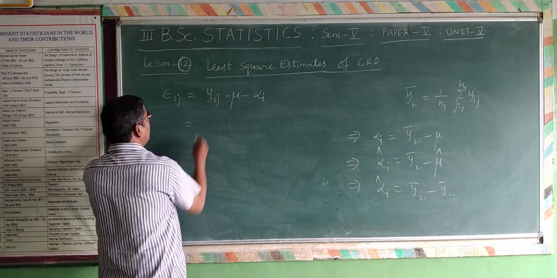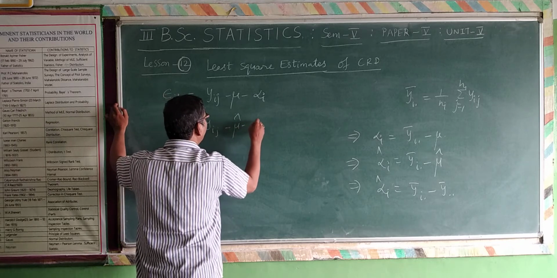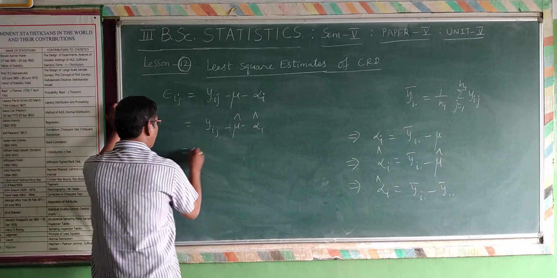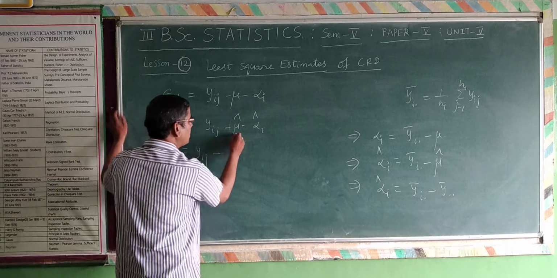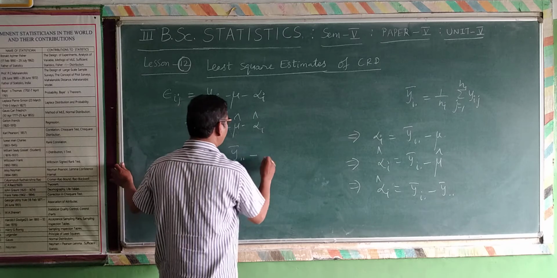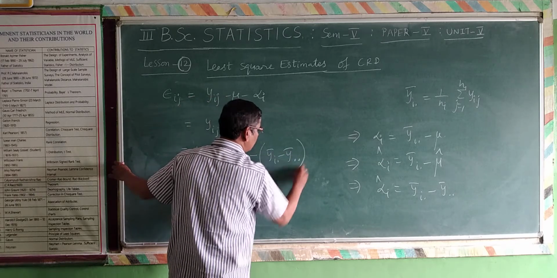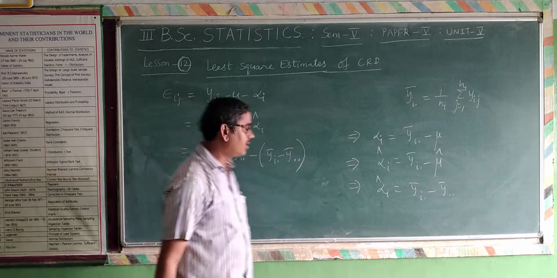So it is equivalent to yij. Now I write mu cap and alpha i cap: yij minus mu cap, which is the estimate y bar dot dot, minus alpha i cap, which is y bar i dot minus y bar dot dot. This is what we have just now estimated.